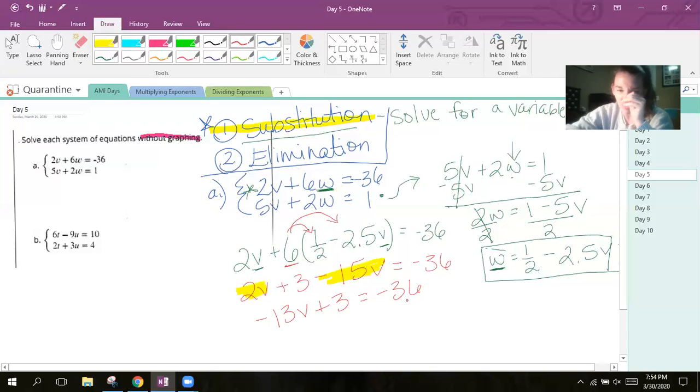Okay, so now I have to move this positive 3 over here because those are both constants. So I'm going to subtract 3, those cancel out, and I'm left with negative 13v equals negative 36 minus 3 is a negative 39.